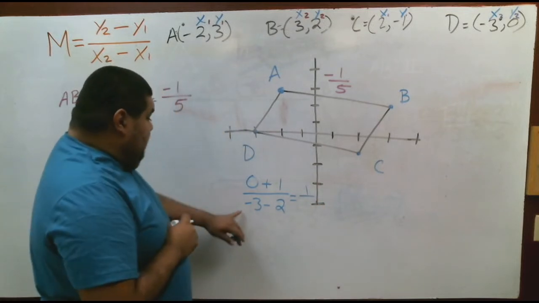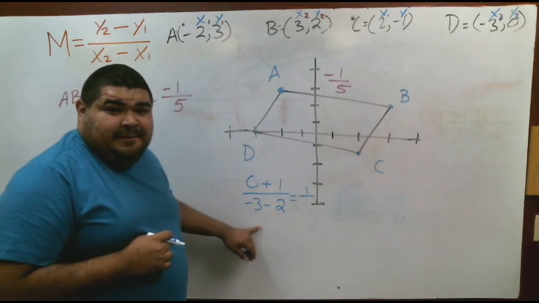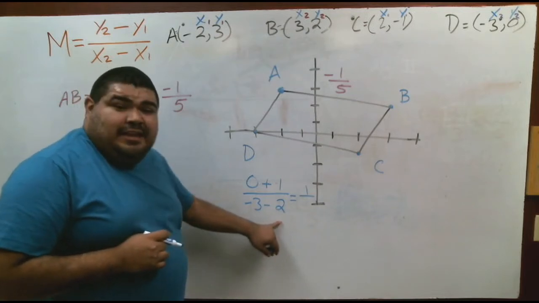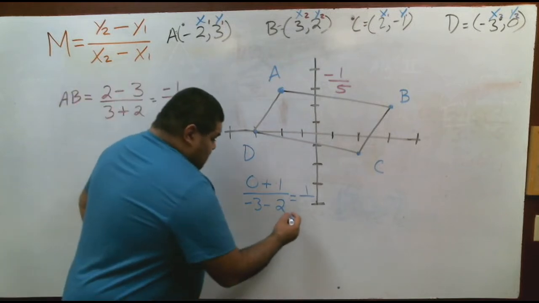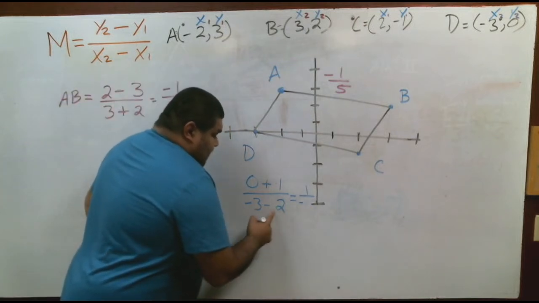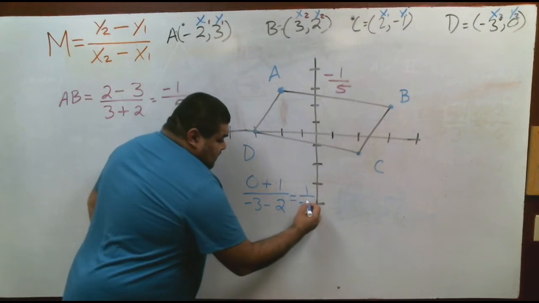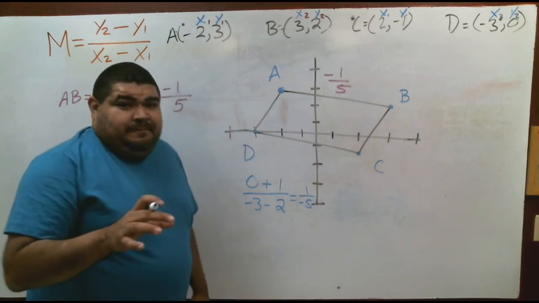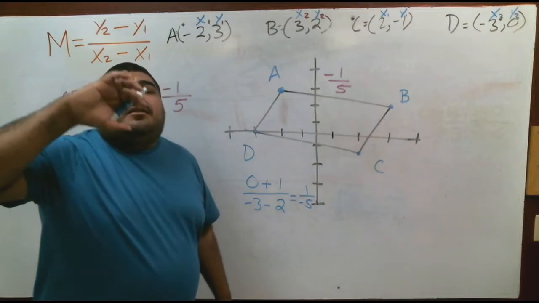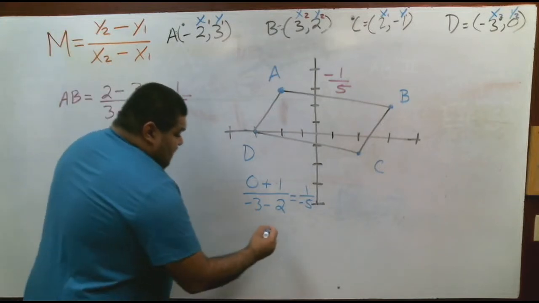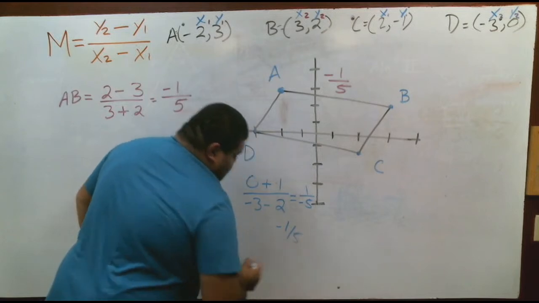over, remember, they're both negatives. Since they're both negatives, you keep the negative sign. So 3 minus 2, they're both negatives, so you can add them, it's 5. But you can never have a negative denominator. So the negative becomes the top part. So it becomes negative 1/5. Okay?